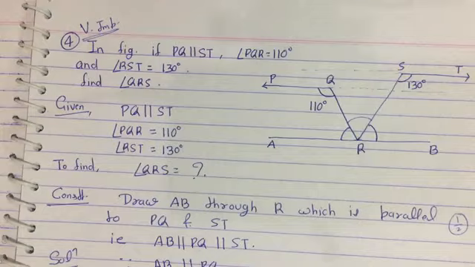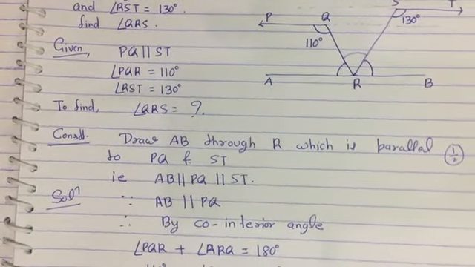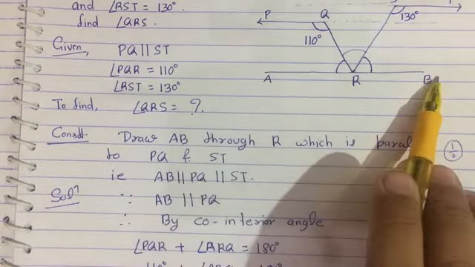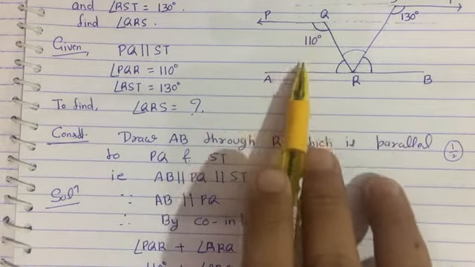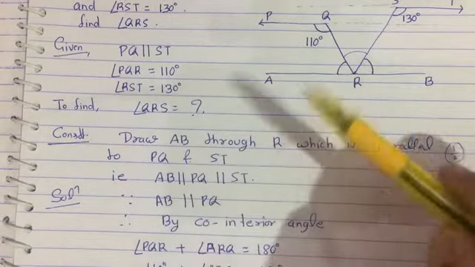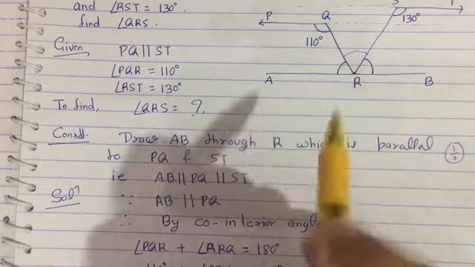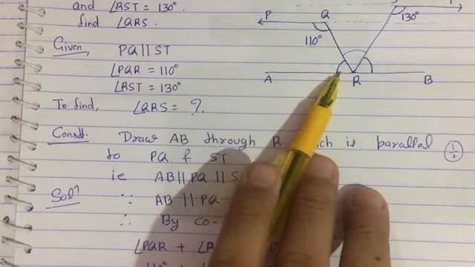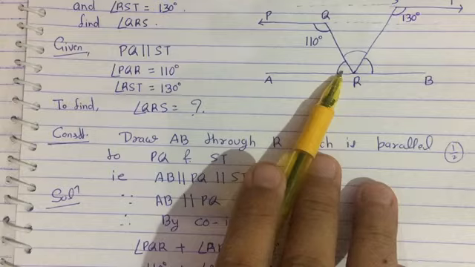For that purpose, first of all we write that since this line AB, or you can say AR, is parallel to PQ, and this QR works as a transversal, these two angles are on the same side and interior, so these two angles form the co-interior angles.